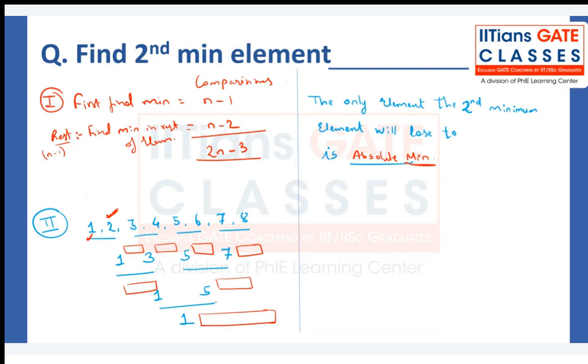So if we see the opponent list of one, what are those elements? It's two, it's three, and it's five, right? So this is the opponent list of the absolute minimum element.